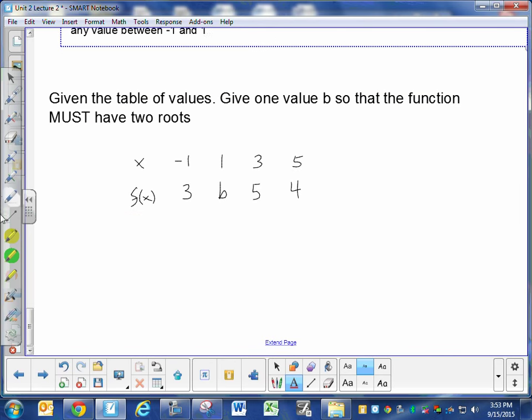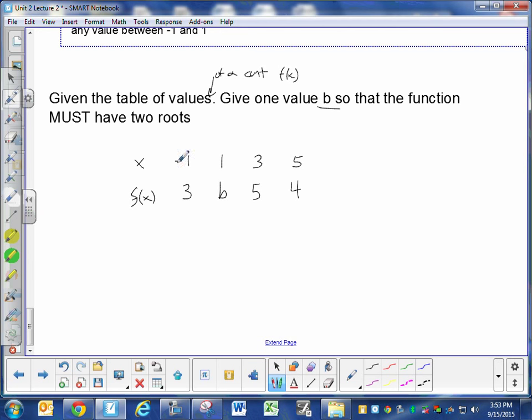Here is a table. Given the table of values, give one value b so that the function must have 2 roots. And the table of values is of a continuous function. What does b have to be so that the function must have two roots?